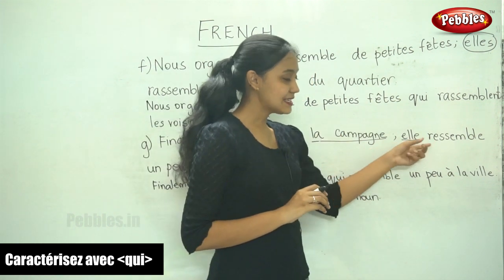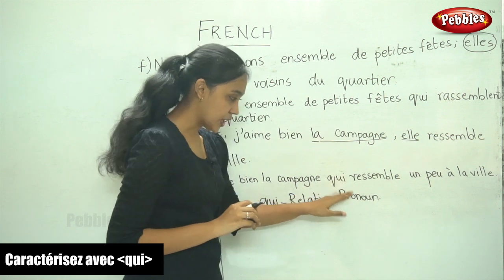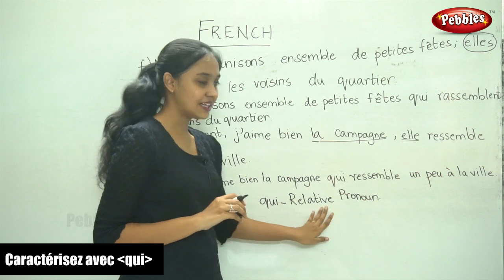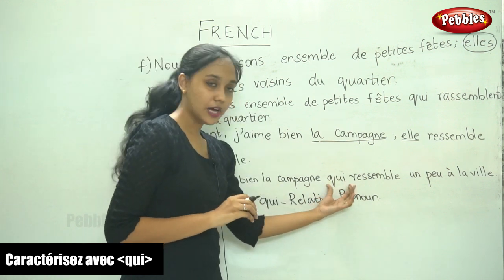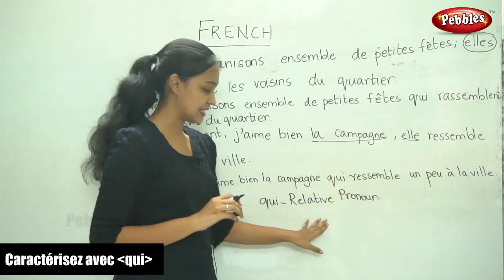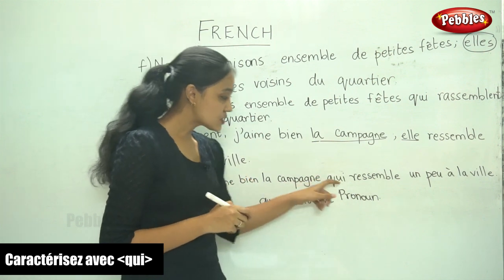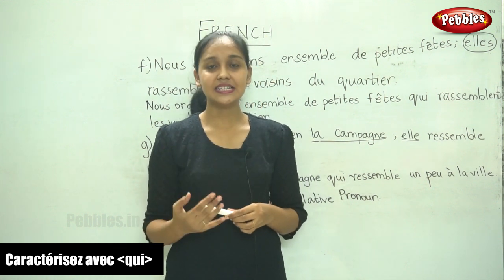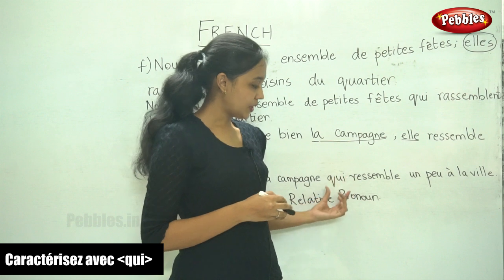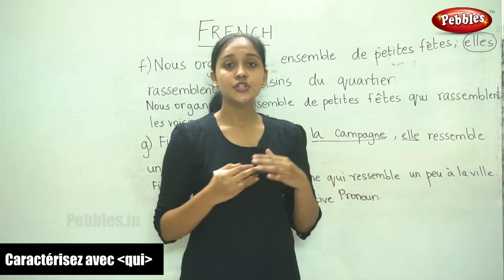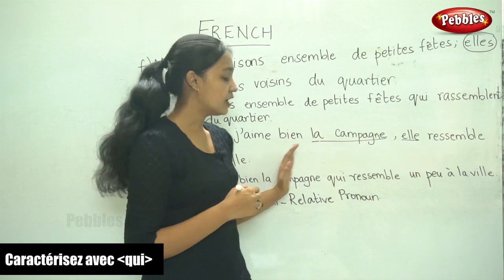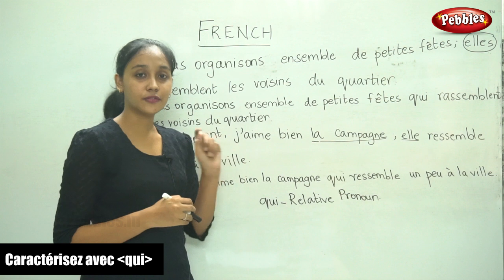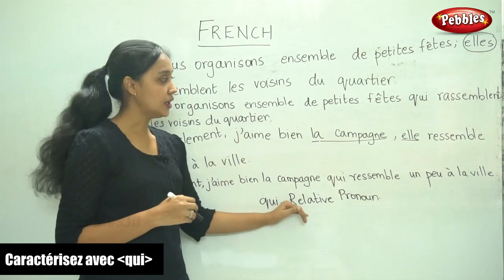So we replace this subject with a pronoun which relates the two sentences. So it is a relative pronoun. A pronoun which relates the two sentences. And by using this relative pronoun, we are able to characterize. So that is the point here. So we are using a relative pronoun to characterize a person or a place. So that is the function of qui in the sentences that we formed.